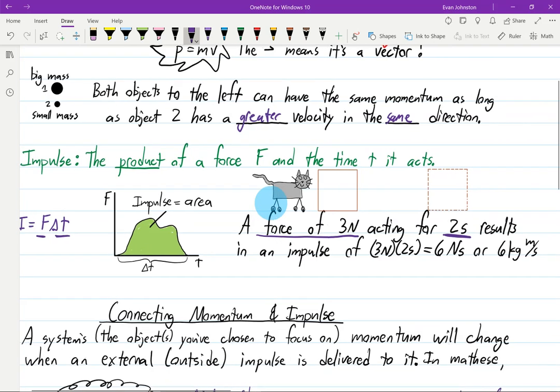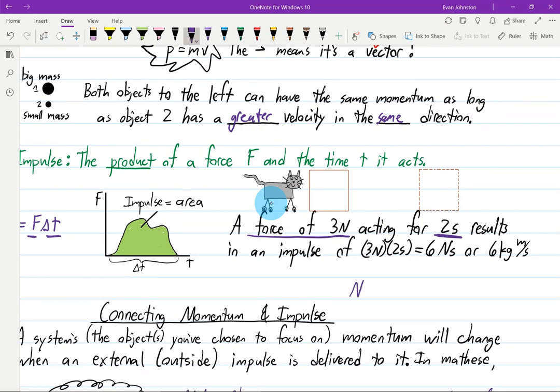Or we can rewrite it and unpack newtons: a newton is equal to a kilogram meter over second squared, and then we're multiplying by seconds, and so this little one right here goes away. So we could write it either of these unit-wise ways. Oftentimes, this is the more common way. But that's it. We could find the impulse, okay?